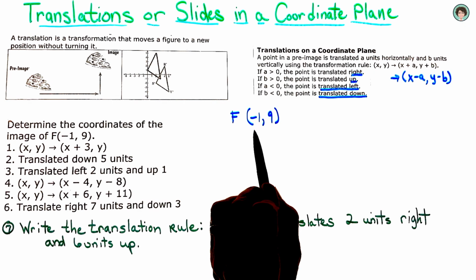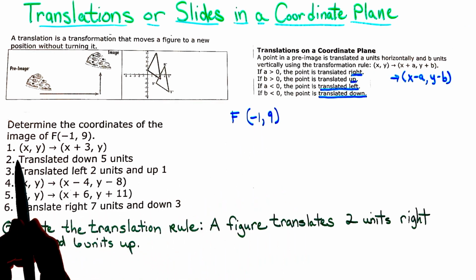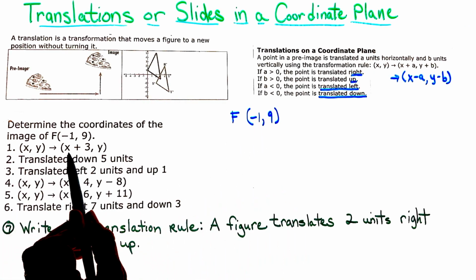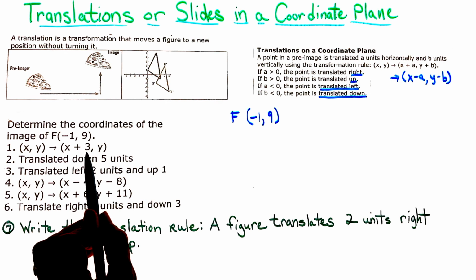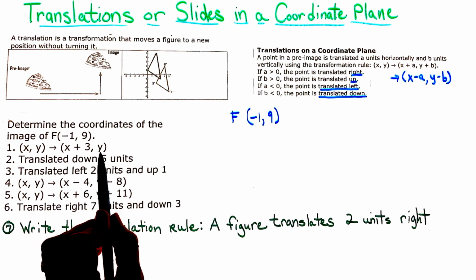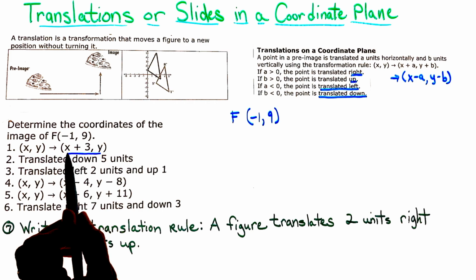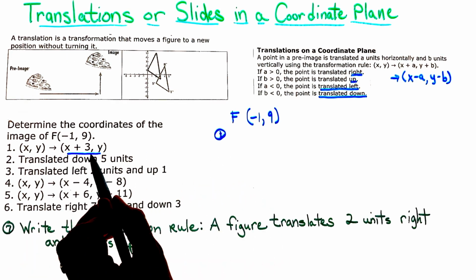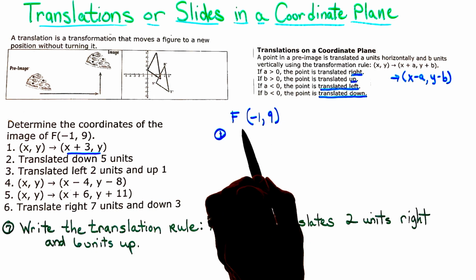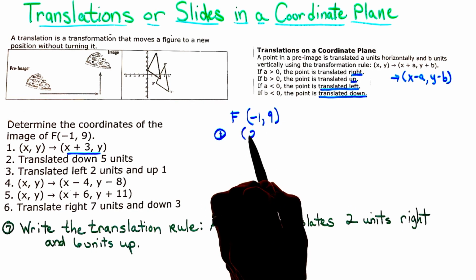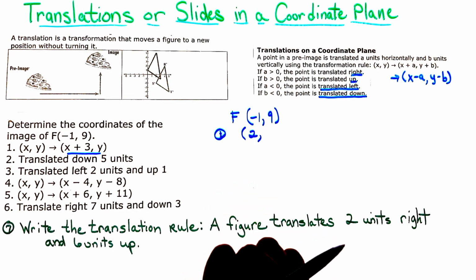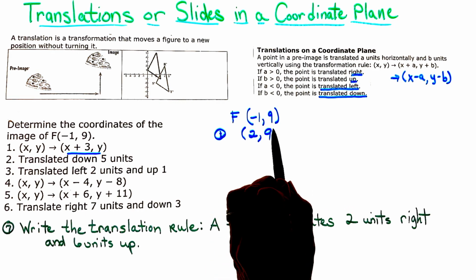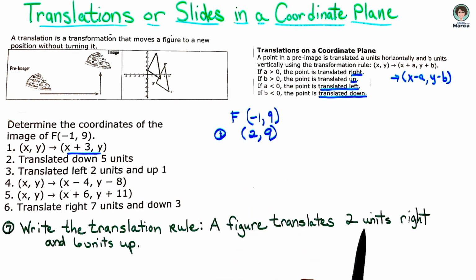This is where we're starting. For our first rule, we're going to add 3 to x and y stays the same. Okay, so this is problem number 1. We're going to add 3, so -1 plus 3 is 2, and y stays the same. So we have (2, 9).